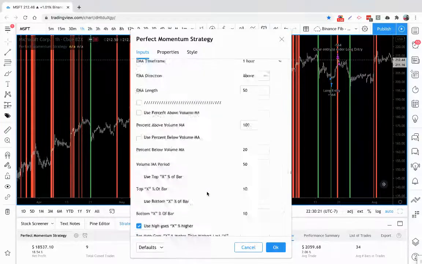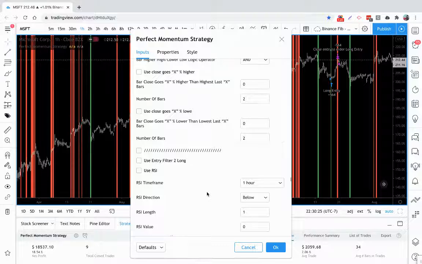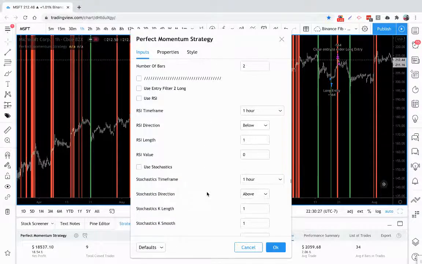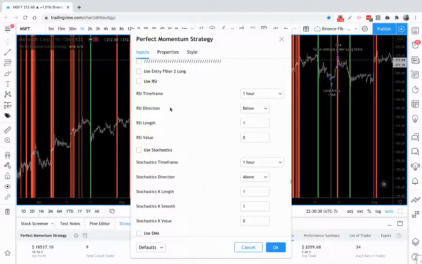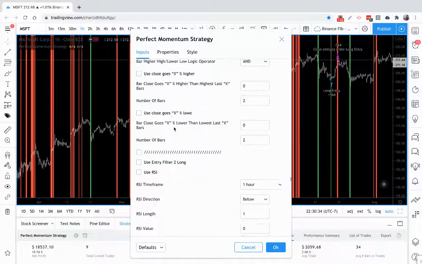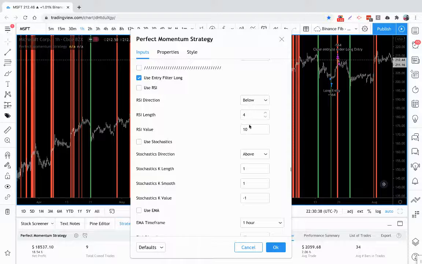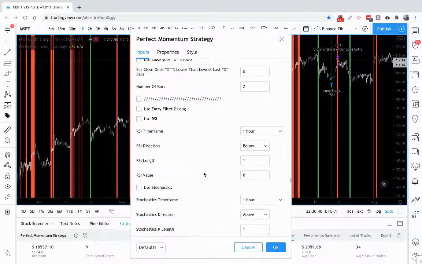Okay, going back down to our entry settings, we have a whole other set of RSI for your long entries. These were both just for longs, by the way. So if you wanted to use these up here, where we went over the beginning, and then you could use the second set for maybe a higher time frame, a longer look back period.